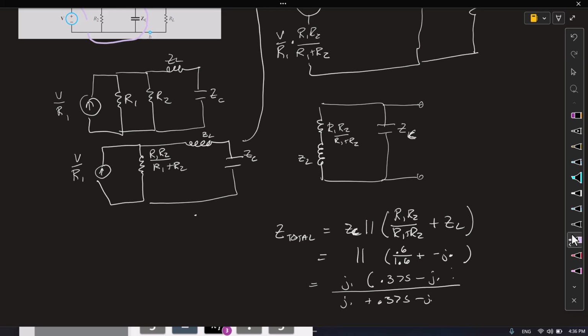So this one should have been minus 0.5, and this one should be plus 0.8. And so it's minus j0.5 plus j0.8.